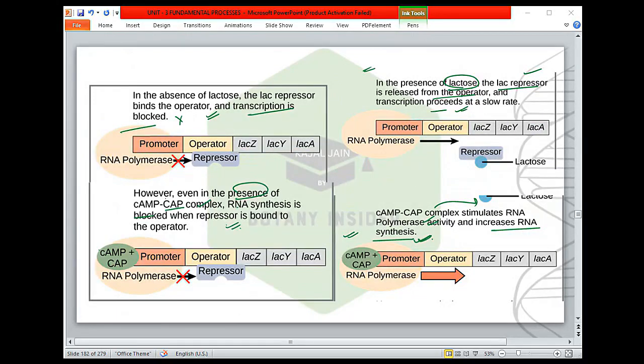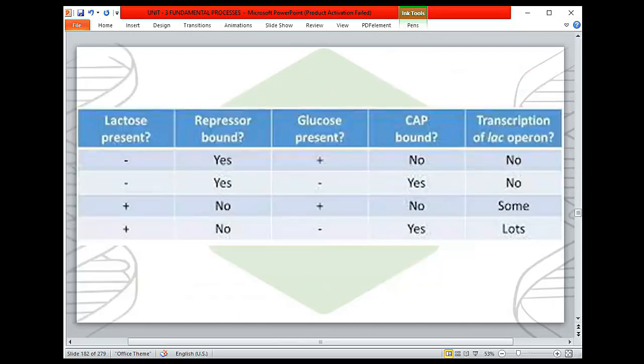The next table is similar to what we have already done. Right, this is something we have already used.